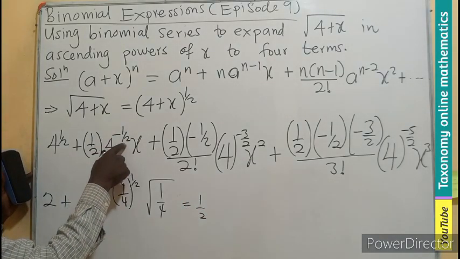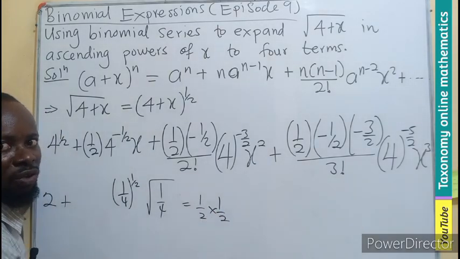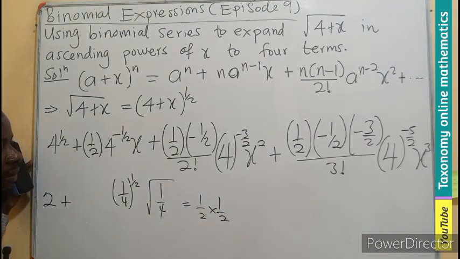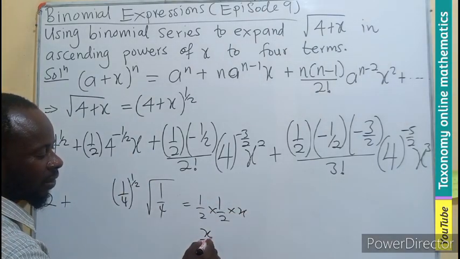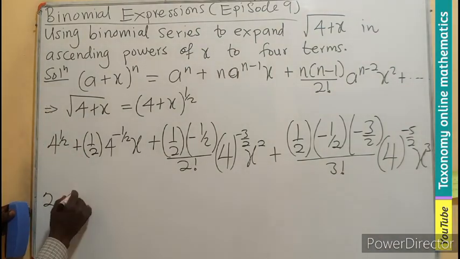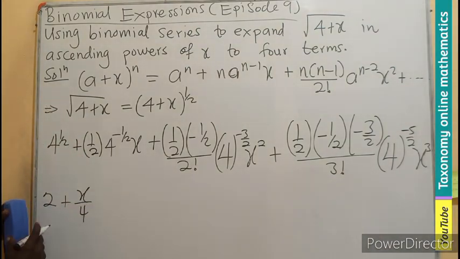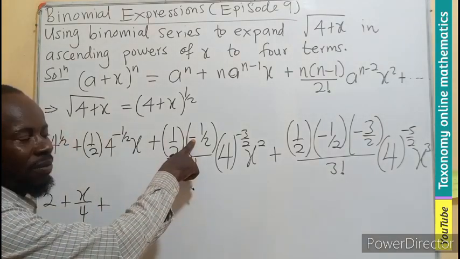Then multiply by this 1 over 2, and that will give you 1 over 4 times x. That will be x on 4, good. So that gives us x divided by 4.